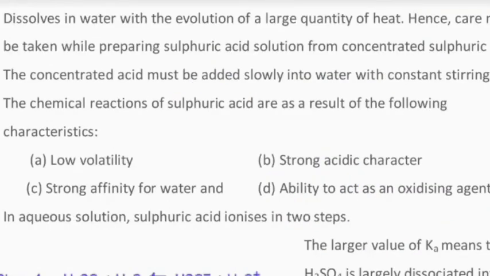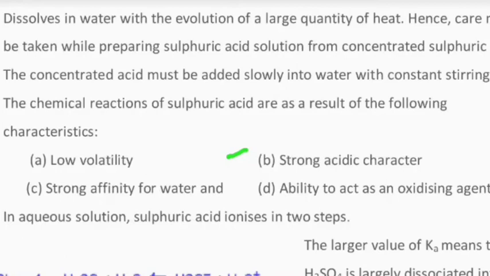The next physical property is solubility in water. Sulfuric acid is highly soluble in water. The solubility in water is highly exothermic. That means when we are dissolving concentrated acid in water, a large amount of heat is liberated.